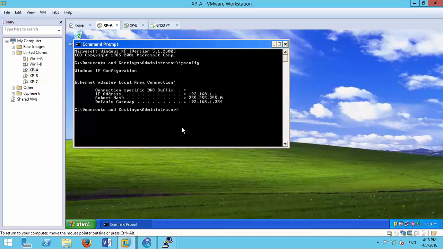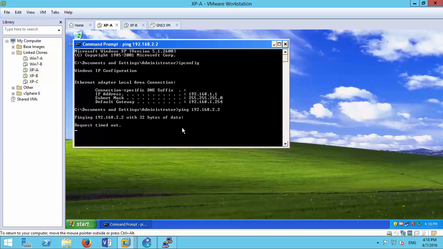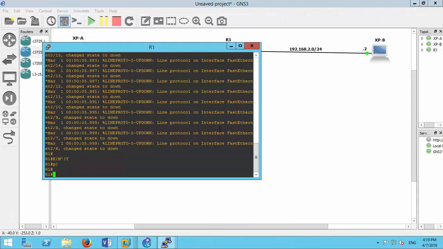Now, make a ping connection from XPA to XPP. As you can see, the request timed out, which means that there is no connection. Now, let's configure our router to make the connection between those networks work.